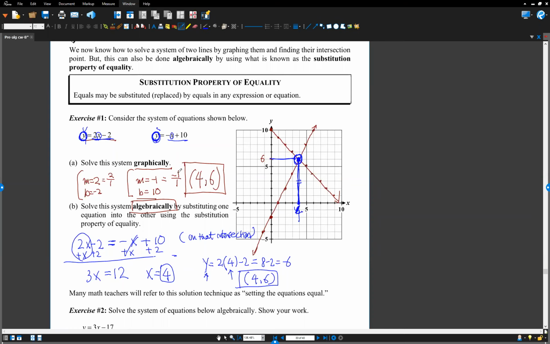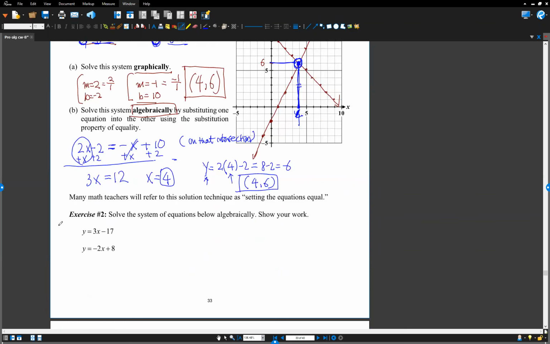Now we're gonna have some practice. All right, over here, technically, setting the equations equal, right? Because on this intersection, the value of y is equal, okay?